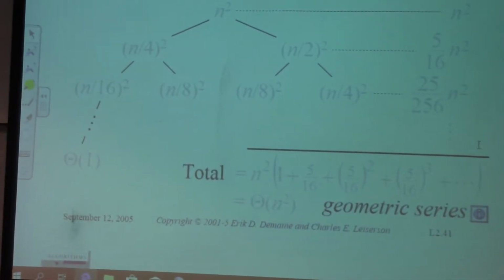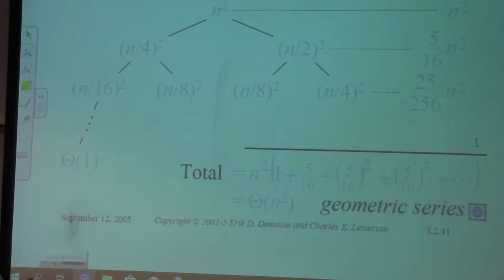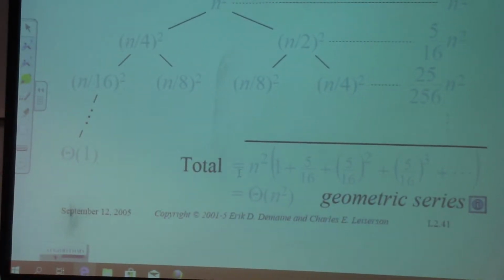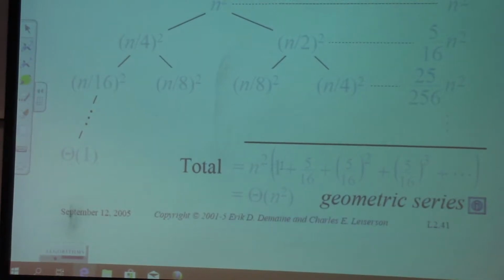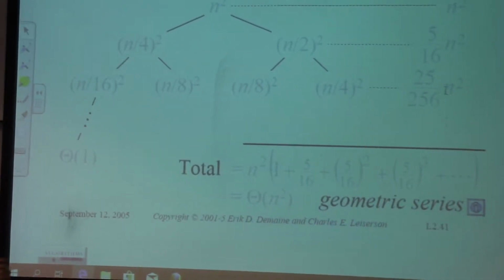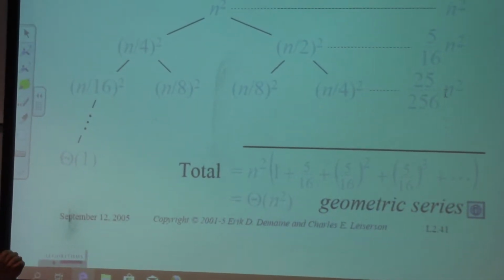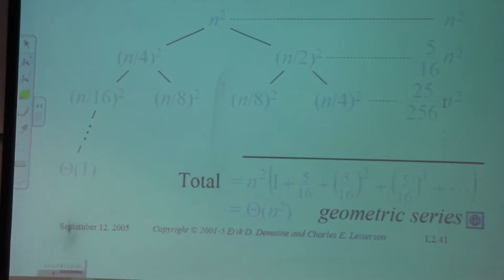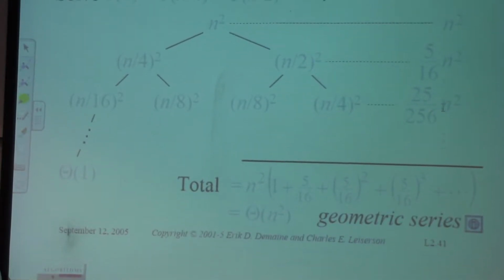You can find this by geometric progression, but it's no use, because constants don't matter for the time complexity. n square is the bigger term, so we don't have to calculate; you can write directly theta of n square as the time complexity, because we are finding the upper bound. So n square is the upper bound.